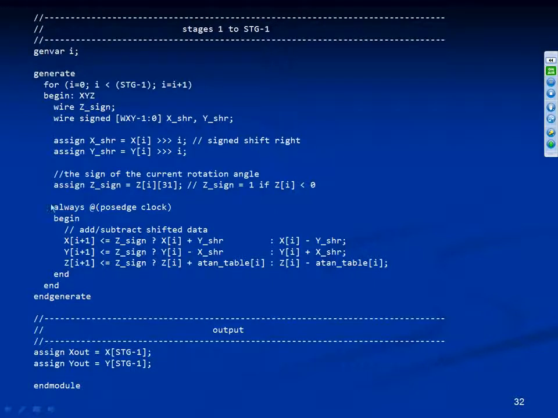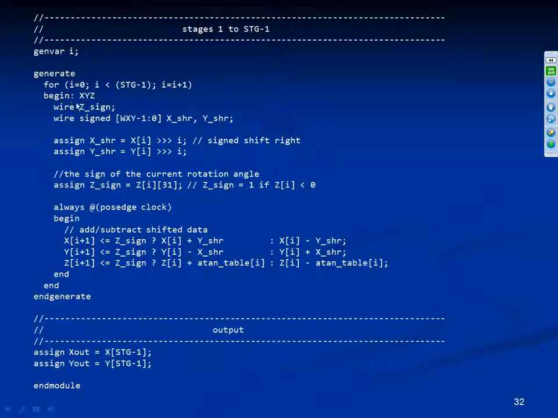So when this whole block replicates, let's say it replicates 22 times or whatever it happens to be, the Z sine for the first block is not going to be the same Z sine as the second block. Okay, it's inside this named block. So remember, the scope of the variable inside of here is only local within this block.